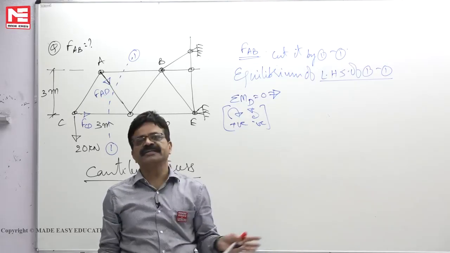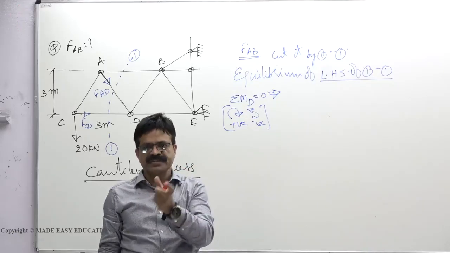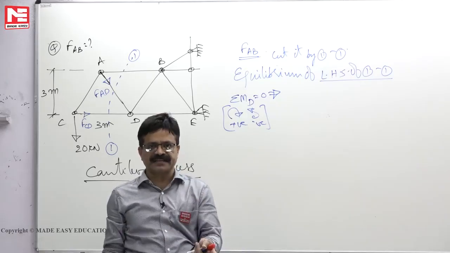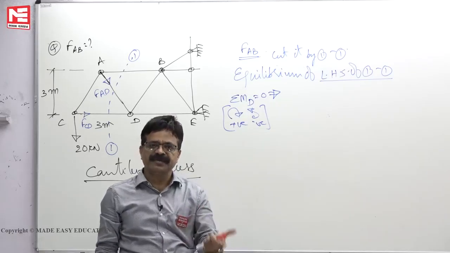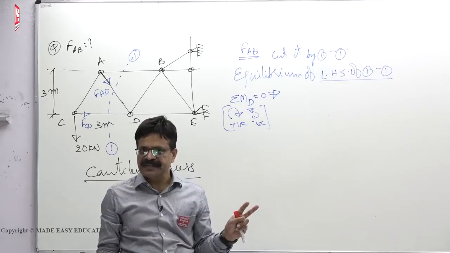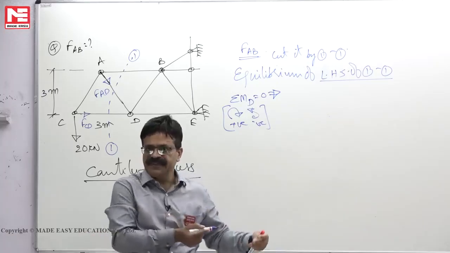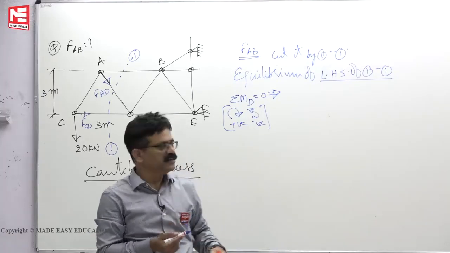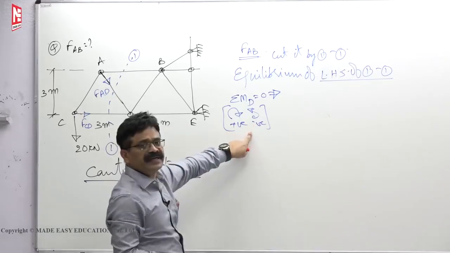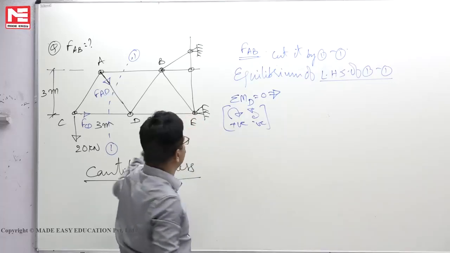The external rotational effect of a force is called moment, whose internal effect can be bending or twisting, depending on whether it is bending the member or twisting the member. We are not considering any internal effects. Internal effects you consider in strength of materials. External effects you consider in engineering mechanics. Such external effects only we are dealing with. So, no bending here. Sagging bending moment, hogging bending moment, we are not dealing with at all.